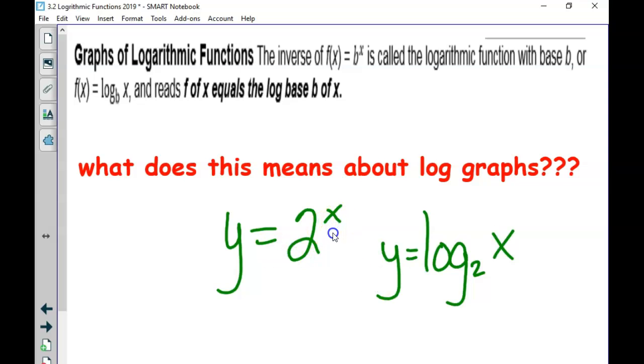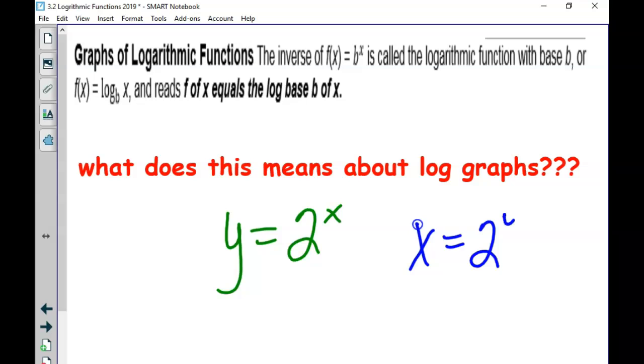These are inverses of each other because, do you remember, how do you find an inverse? If you switch the x and y, now what? How do we solve for y?